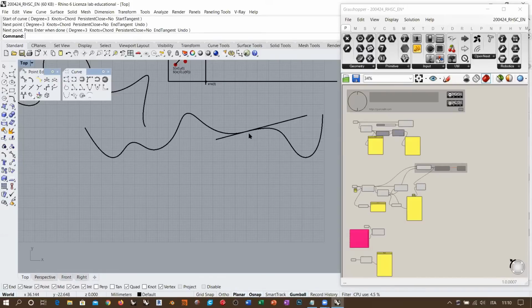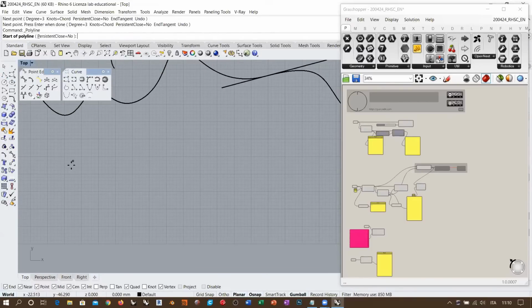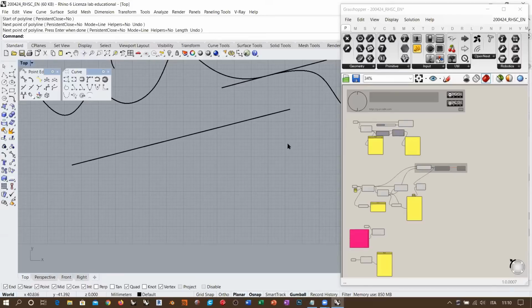Okay, so we have just seen that the initial control point and end control point define the direction of the curve in a specific point, which is the start point and the end point. Let's see what happens if I have this line here, and I want a NURBS curve to do whatever it wants, and then simply become tangent to this line.